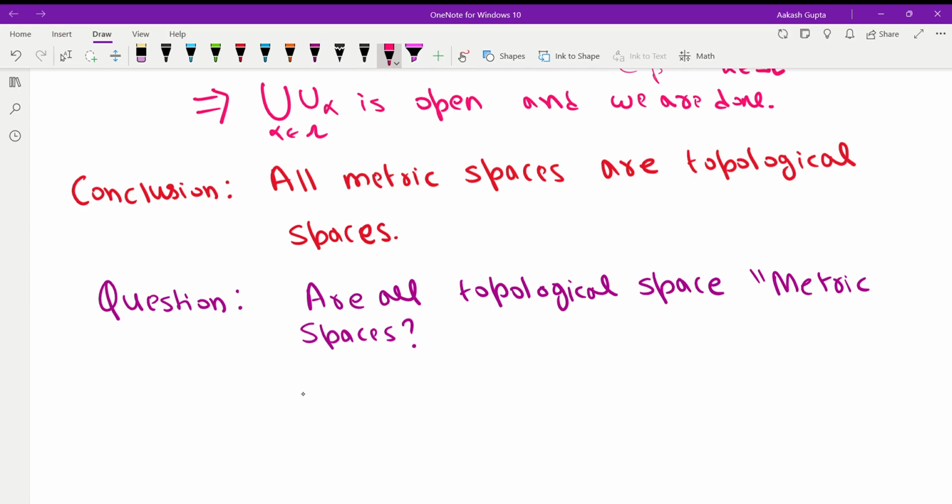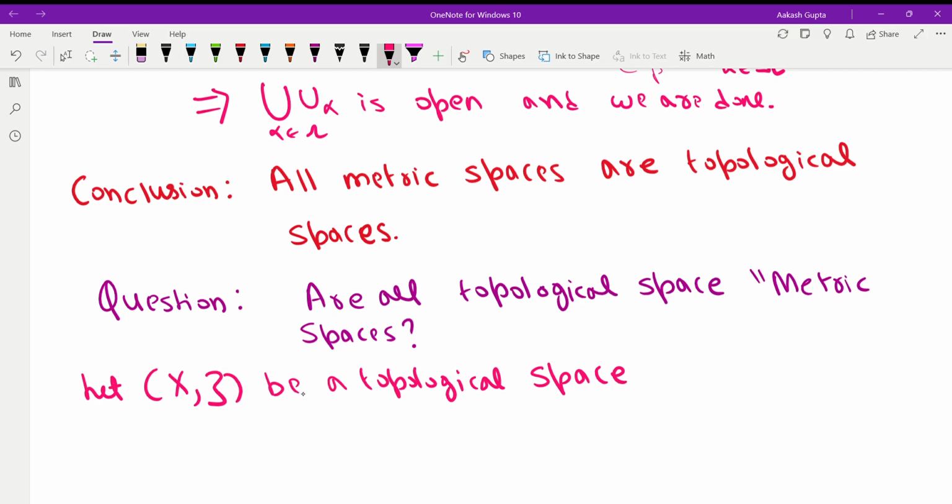Let us understand this question properly. What we mean here is, if you have a topological space, so let (X, tau) be a topological space. So I should write in other words, okay? Because I am asking the same question.